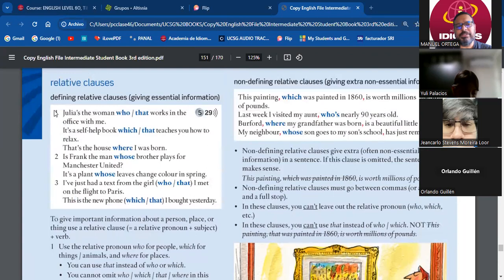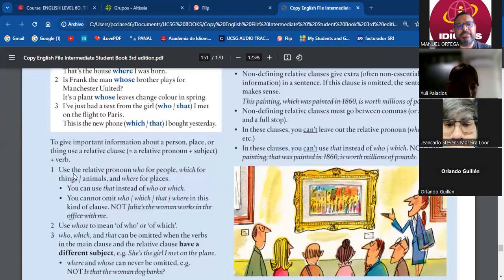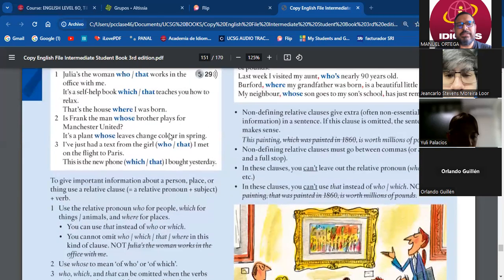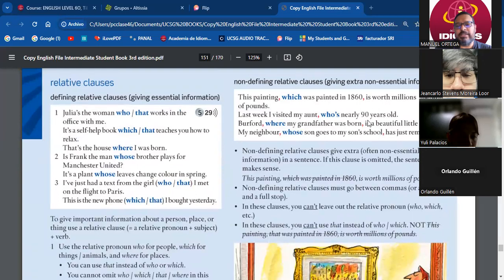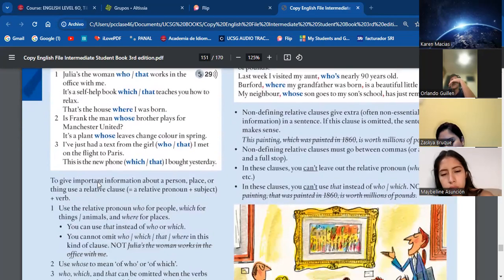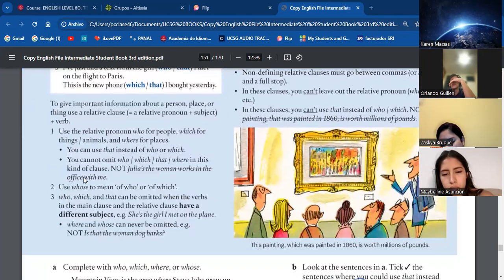In the first group, you have the reason: use the relative pronoun who for people, which for things or animals, and where for places. There you have the explanation to all this. Who, which, whose. Number 2, use whose to mean of who or of which, the quién or the cuál. That is whose.